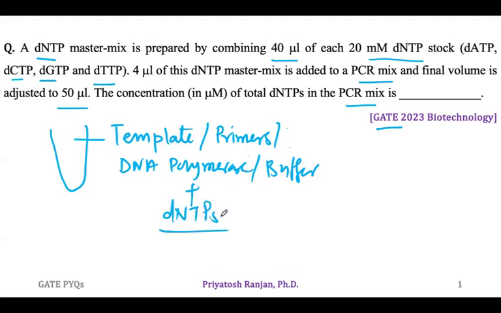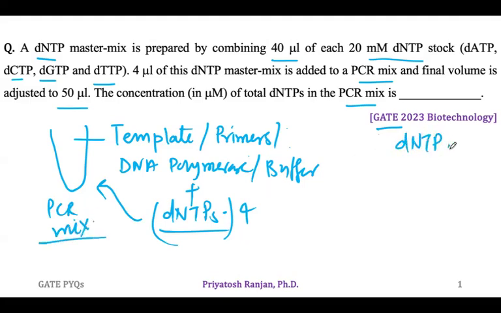However, it is mentioned in the question that instead of adding 4 dNTPs directly to this PCR mix, a dNTP master mix was created, wherein a single tube, a particular volume of a particular concentration, all these 4 dNTPs were added.